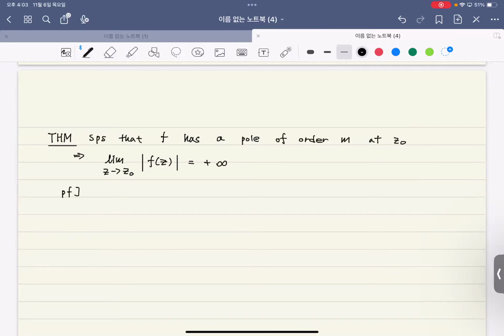But before we prove the theorem, I really want to introduce a very important equivalent condition of being a pole of order m.